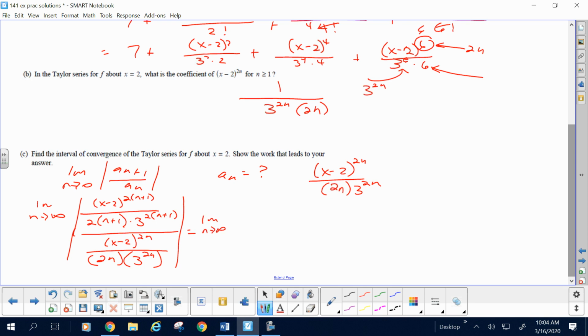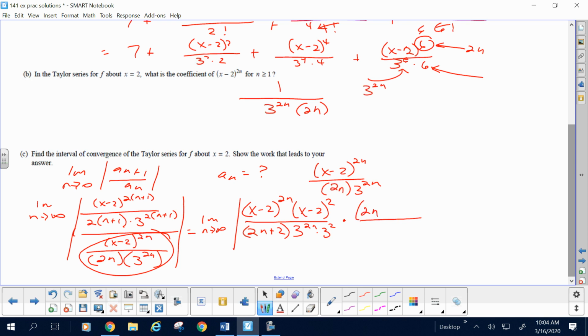The limit as n goes to infinity of, so this is x minus 2 to the 2n plus 2, which I'm going to call to the 2n times x minus 2 to the 2. That's the same as 2n plus 2. Down here I have 2n plus 2, and this I'm going to call 3 to the 2n and 3 to the 2. 3 to the 2n plus 2 can be separated by laws of exponents. Likewise, the denominator here, with its reciprocal, is 2n times 3 to the 2n over x minus 2 to the 2n.